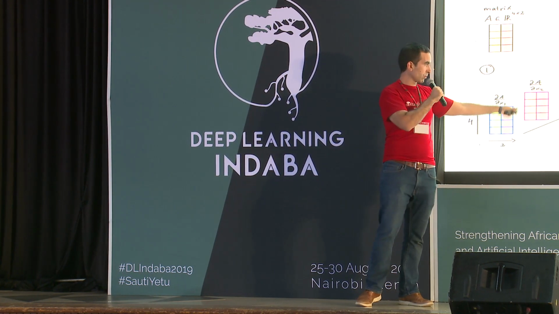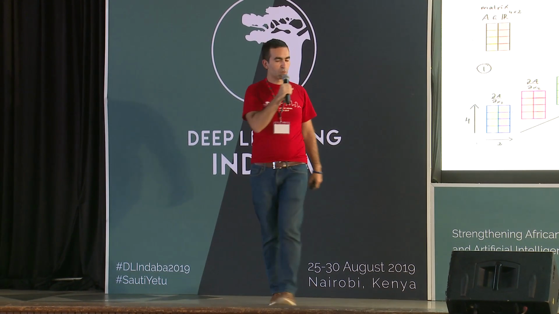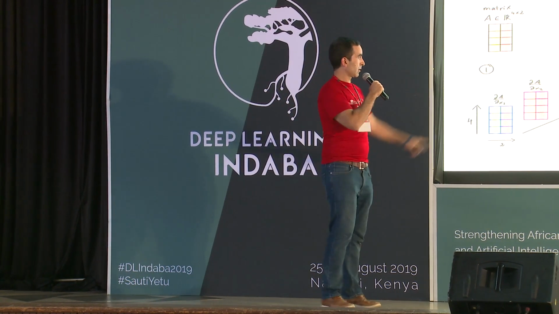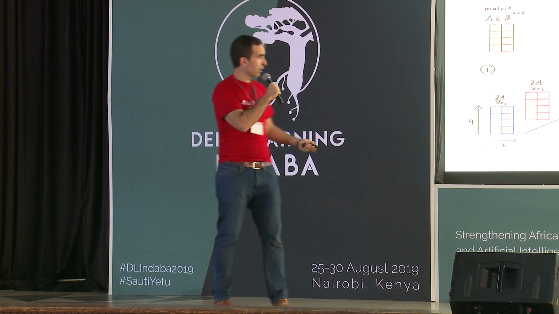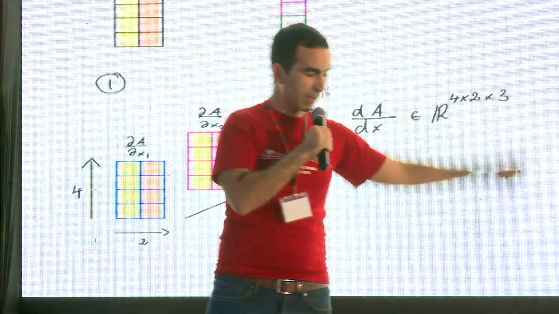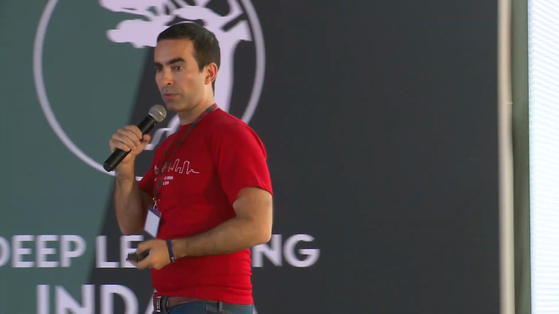Same thing with X2, X3, and the result, as we said, if A is 4 by 2 and the input is 3, is 4 by 2 times 3. So everything makes sense. You could also reshape this, saying instead of a 4 by 2 matrix, I'm doing an 8 by 1, and then I differentiate and reshape. This is typically what you would do in computing packages sometimes. So this is just to give you a sense.